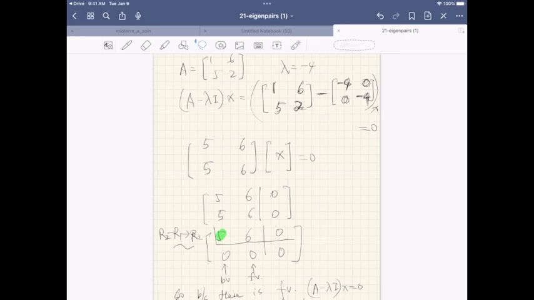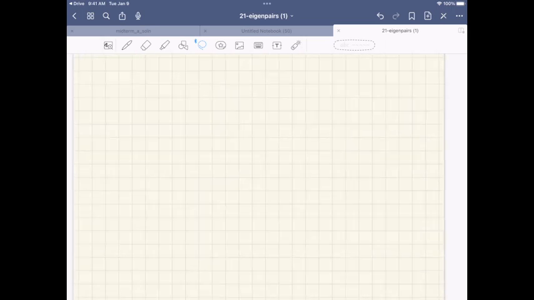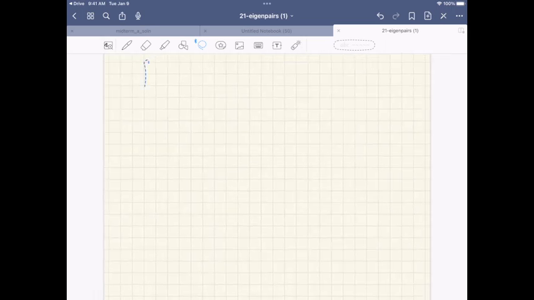The matrix is [5 6 0; 0 0 0], and because the second row is zeros, it doesn't give any additional information.